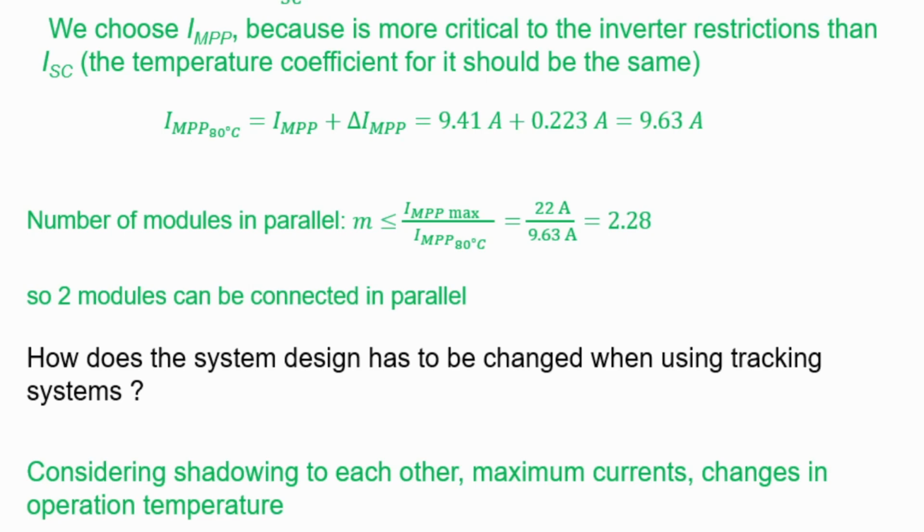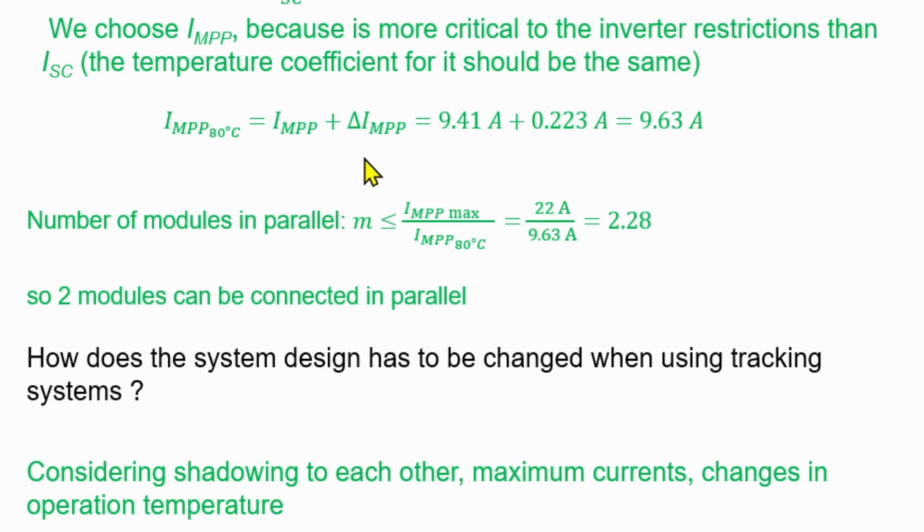So there were two conditions, because there was either the limitation by the short circuit current or by the current at the maximum power point. We choose the current at the maximum power point because this is more critical to the inverter restriction than the IEC. The temperature coefficient should be the same.